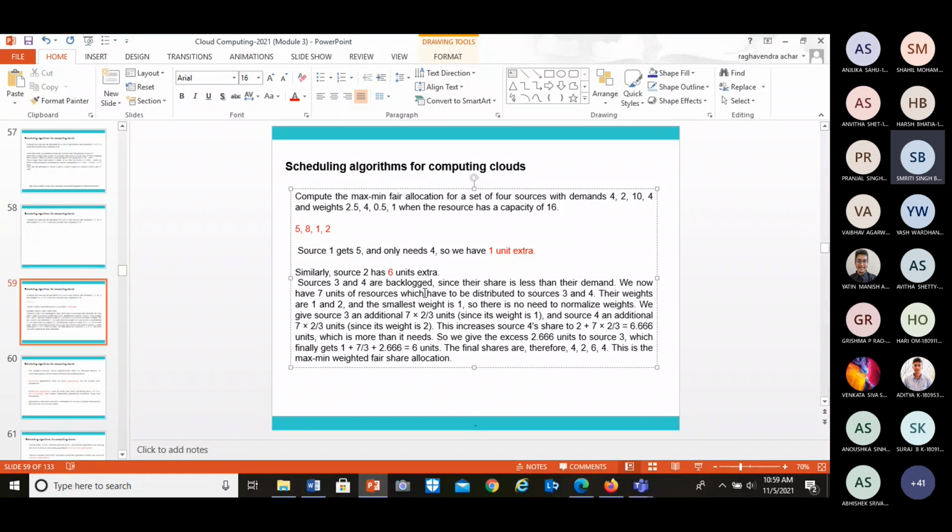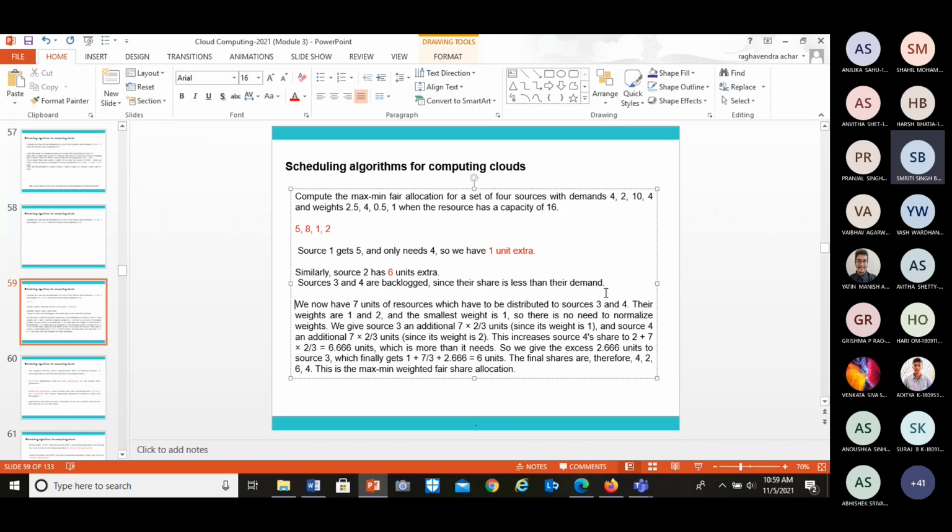Then source 3 and 4 are backlogged, so they have less resource. Okay, so this is fine. Then this, you already allocated 4. So initially they are getting 5 and you removed 1. And this second one also, according to that weighted allocation, they are getting 8, but you removed 6.